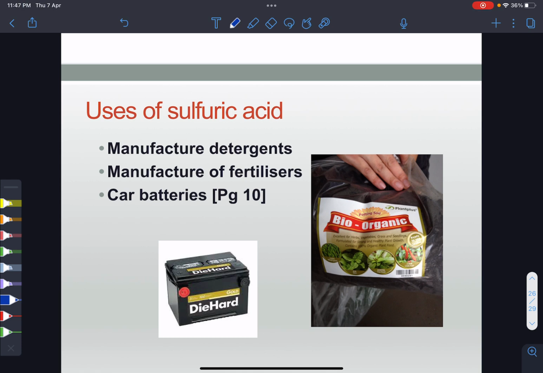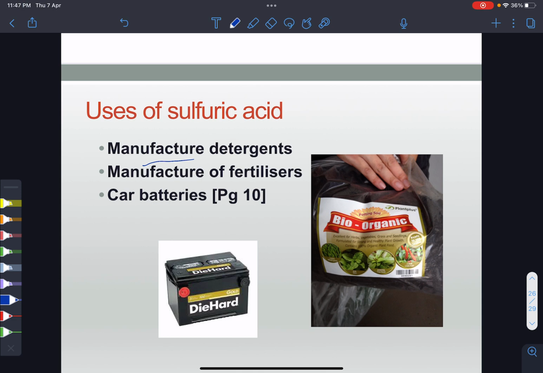So, you might be wondering, sulfuric acid in detergent? I thought detergent is alkali. So you must read the word very carefully. It says manufacture. I'm not saying acid is in detergent. I'm saying that acid is needed to make the detergent.